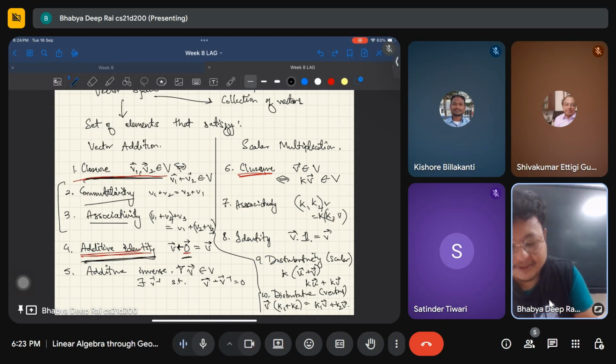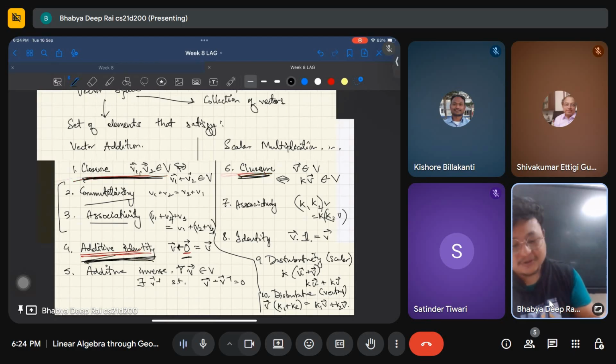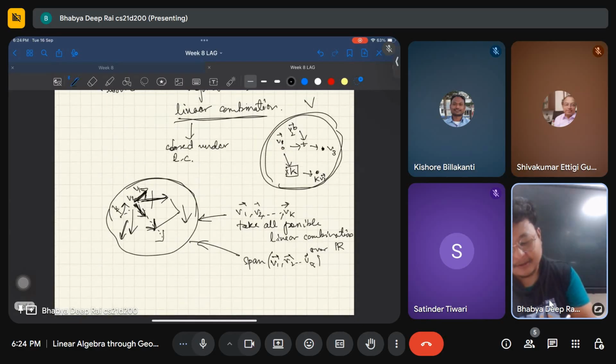Closure is something you need to check, whether on doing a linear combination you get to the same set or not. And the other thing is whether the zero vector will be in that set or not. As soon as you put the zero vector in that set, this becomes a vector space.